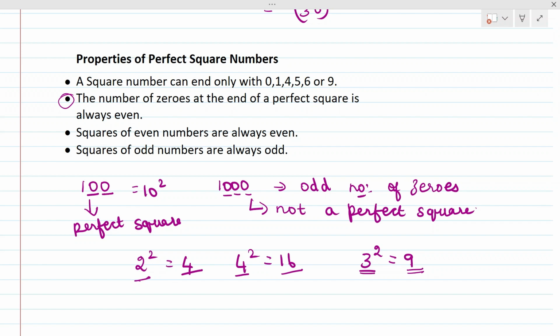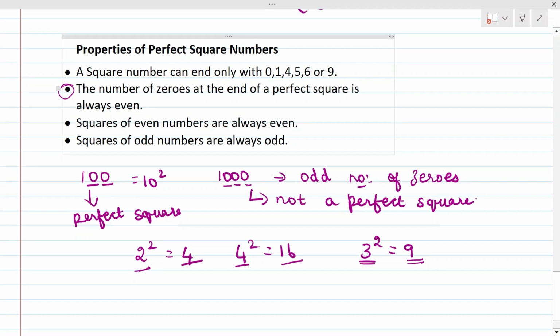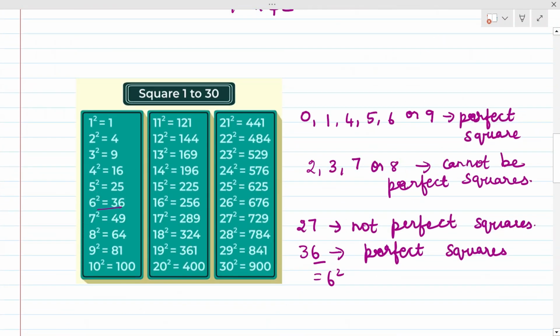And one more thing we have to see now is this square table. If you see the square root table, on the right side all the numbers are square numbers and on the left side are the natural numbers for them.